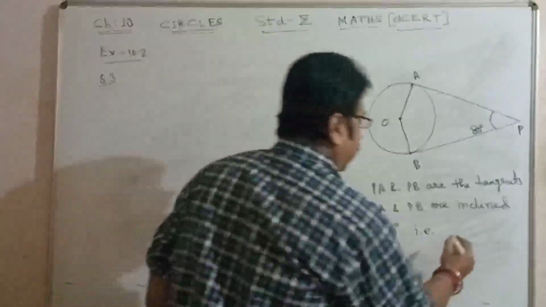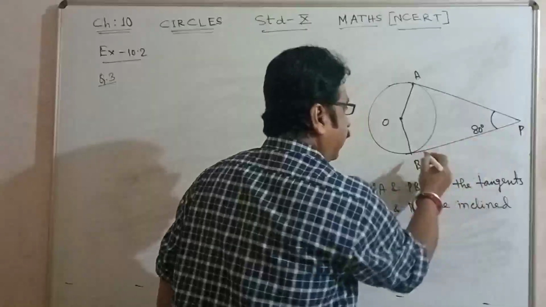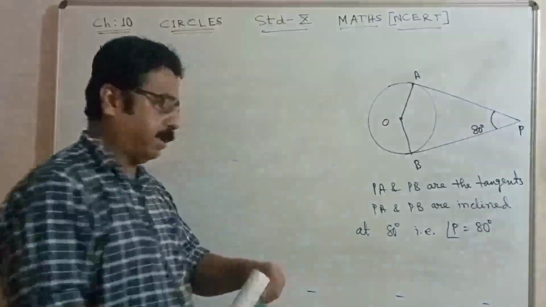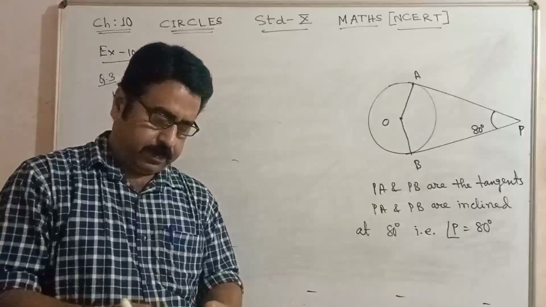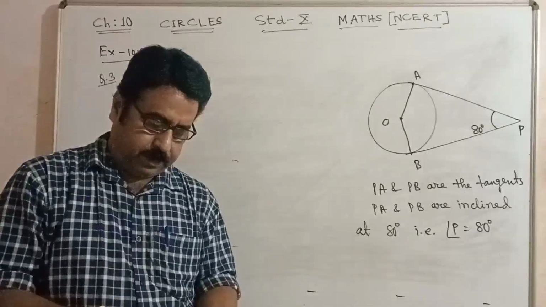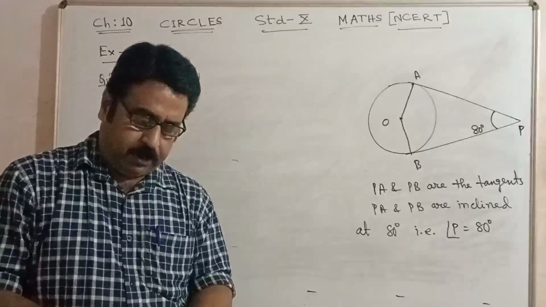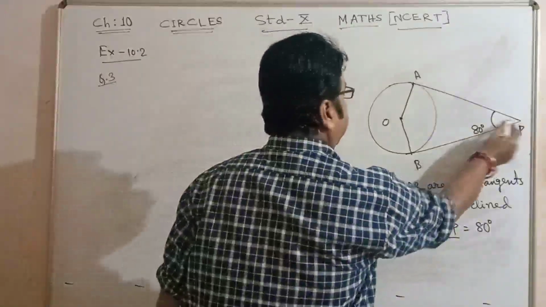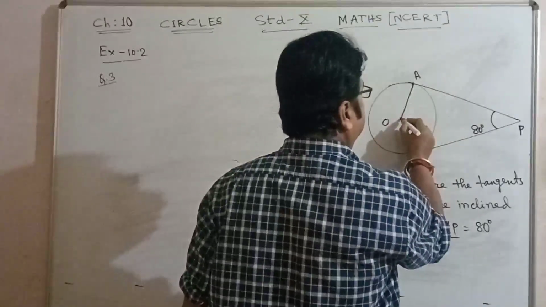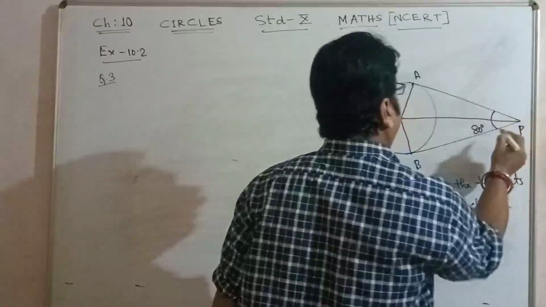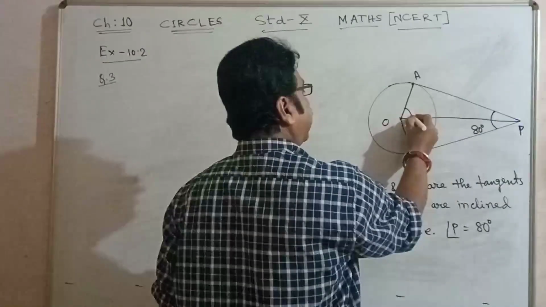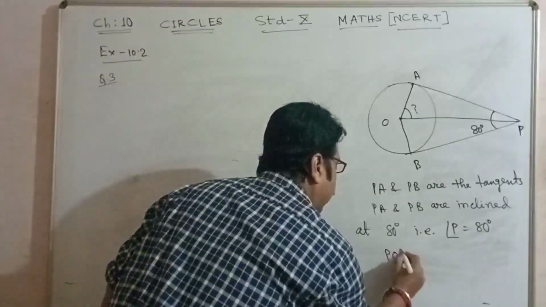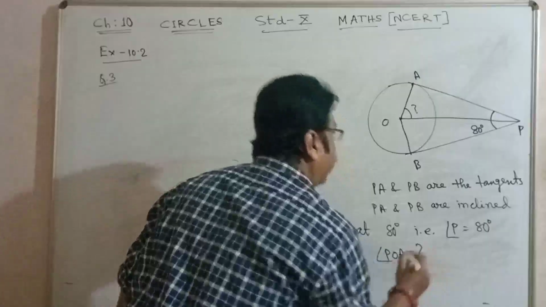That is angle APB, or you can write angle P equals to 80 degree. We have to get angle POA. That means we have to join it. Angle POA equals to how much?